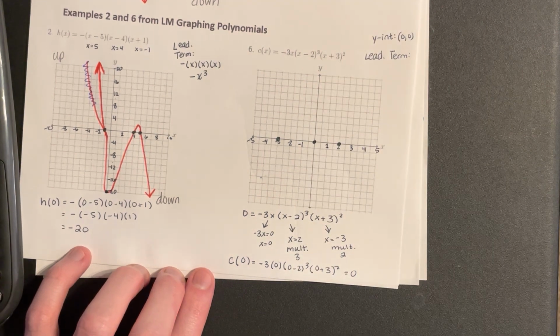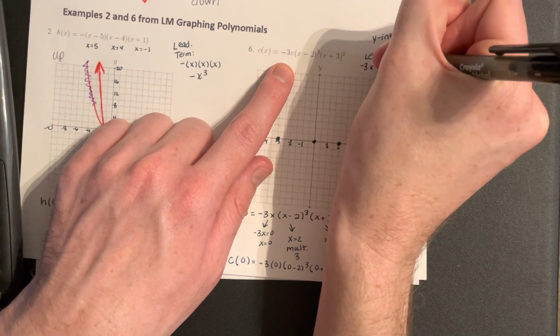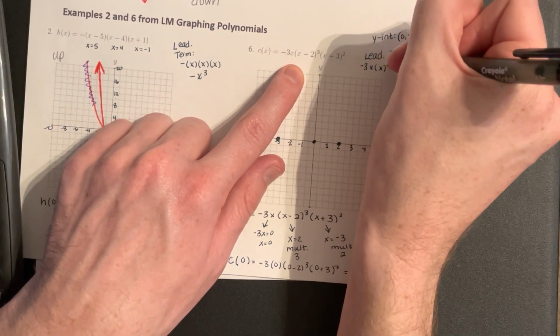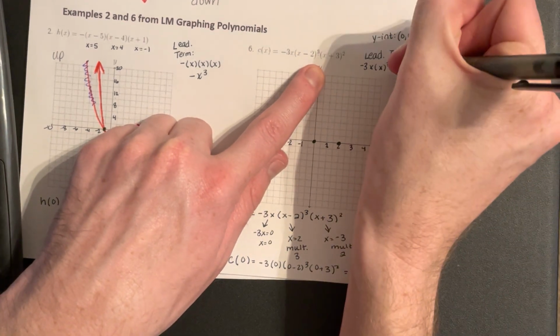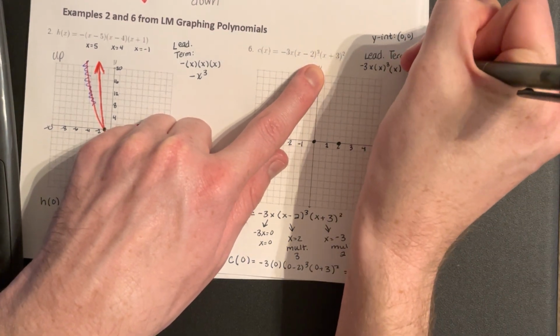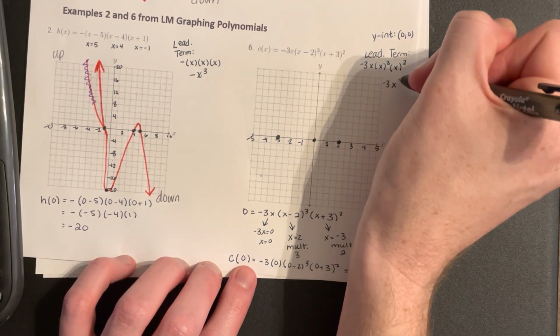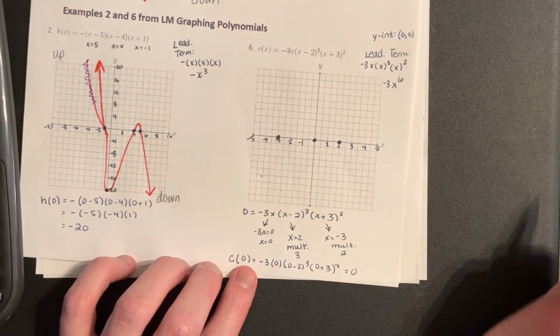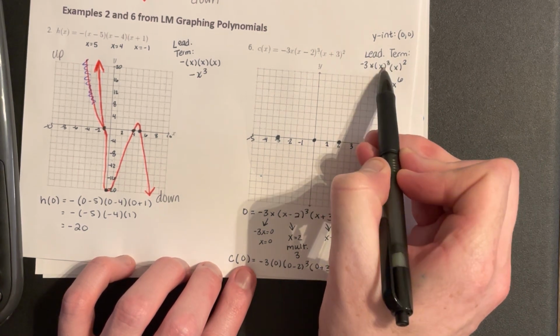So we find that by multiplying out, but negative 3x times an x cubed, that's going to be a cubed, and then x squared would be negative 3 times x to the 6th power. I'm getting 6 because there's one x here, 3 x's there, and 2 more.